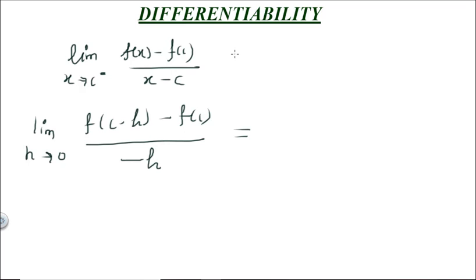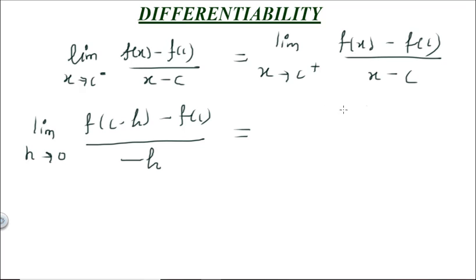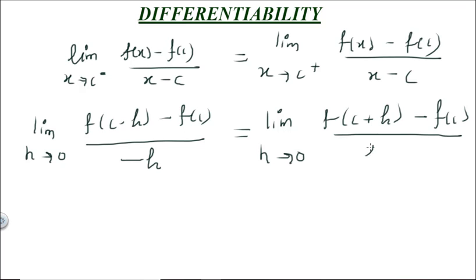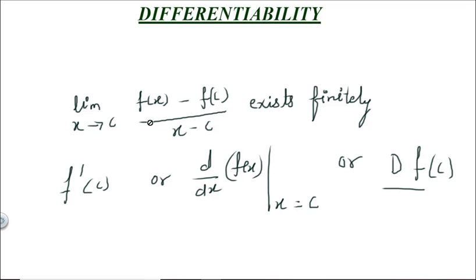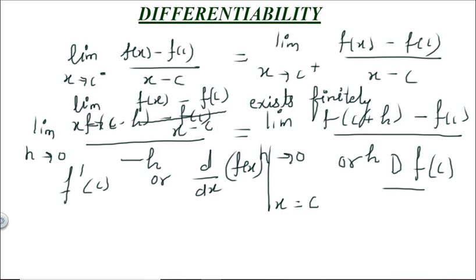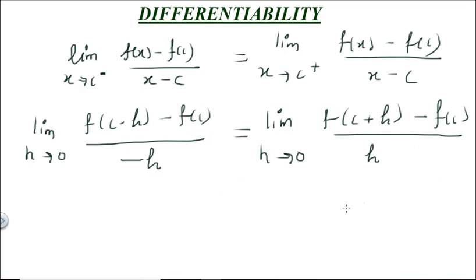And on the other side, the limit x tending to c plus of (f of x minus f of c) divided by (x minus c) becomes, when we change to h tending to 0, (f of c plus h minus f of c) divided by h. Why am I writing like this? Because in the definition we wrote that this limit should exist. This means LHL and RHL are equal. So I have just equated the LHL and RHL, right?